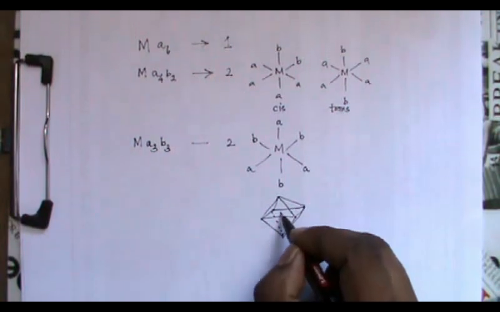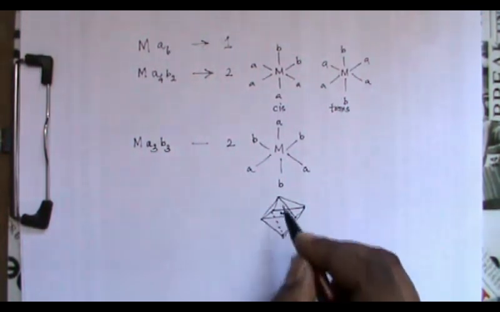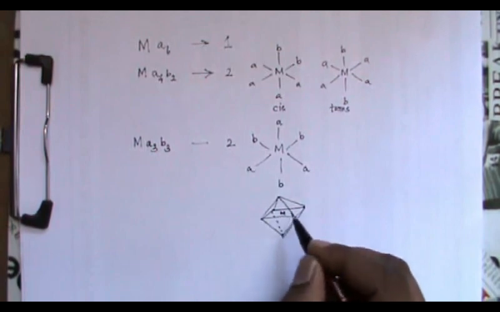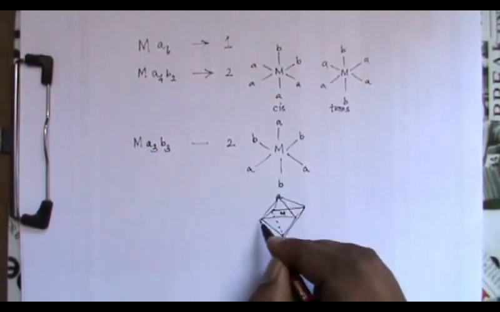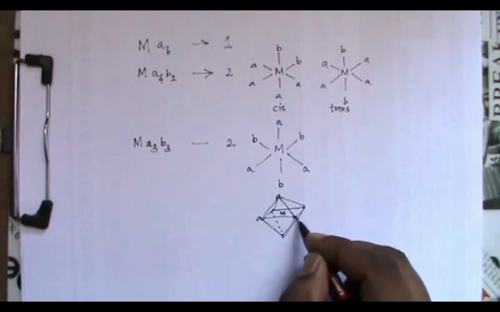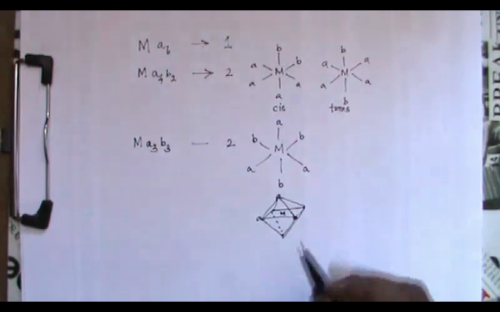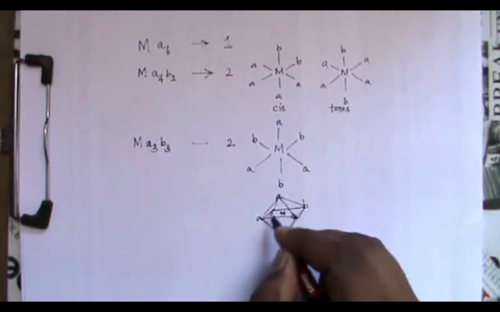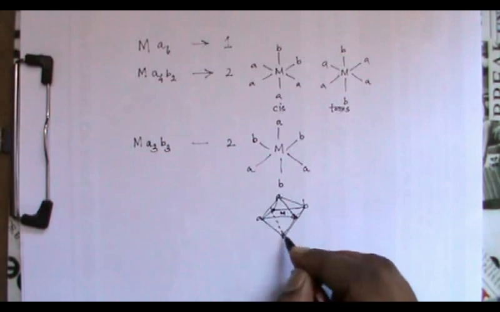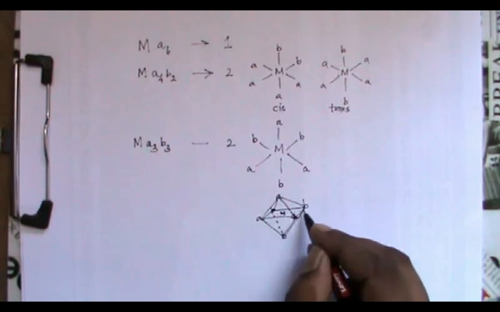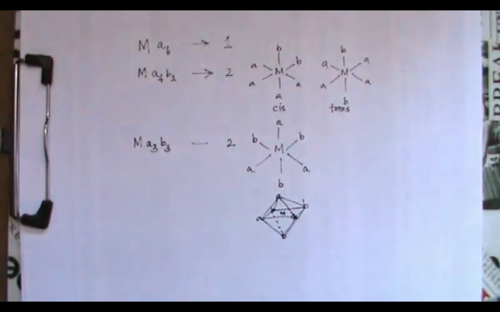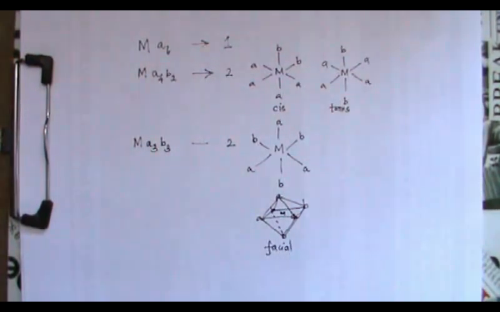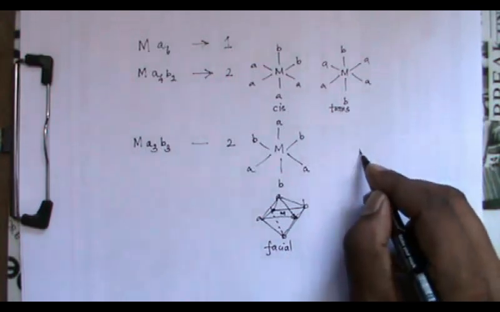In the middle I have metal. This is one face. It is one triangular face. The ligands present in this triangular face will be same. Similarly, the ligands present in this triangular face will be same. So these three ligands are present in the backside triangular face. So this is referred to as facial isomer. The next one is meridional isomer.